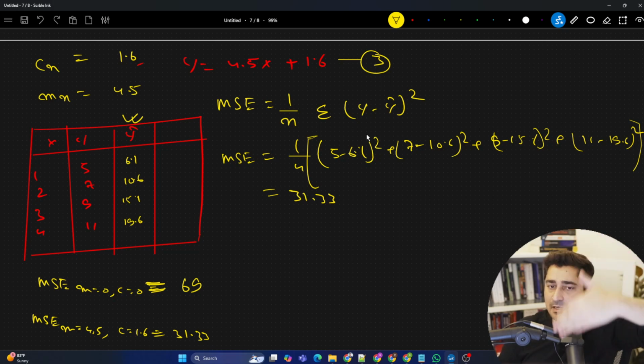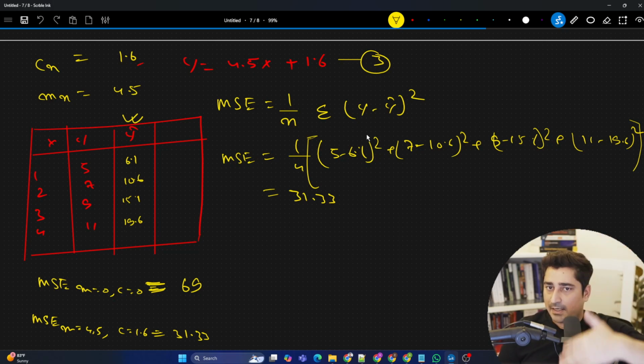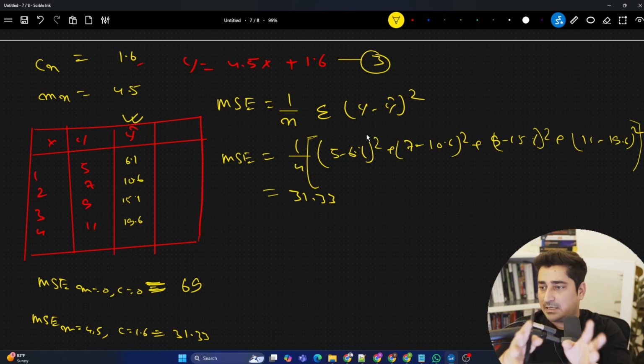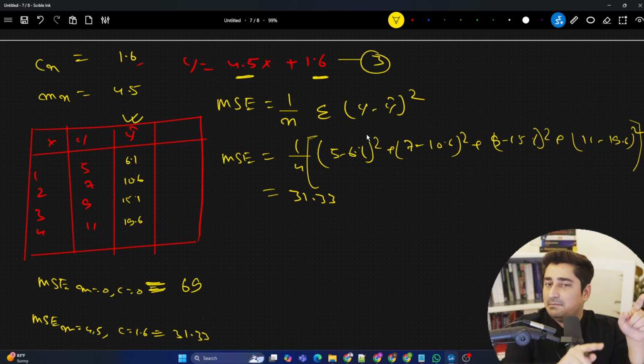I will keep on doing it iteratively again and again until my MSE stops reducing itself. At that point, whatever values of M and C we have are going to define my line. So I can say that when M is equal to 4.5 and C is equal to 1.6, it's a better line as compared to when we had M equal to 0 and C equal to 0.